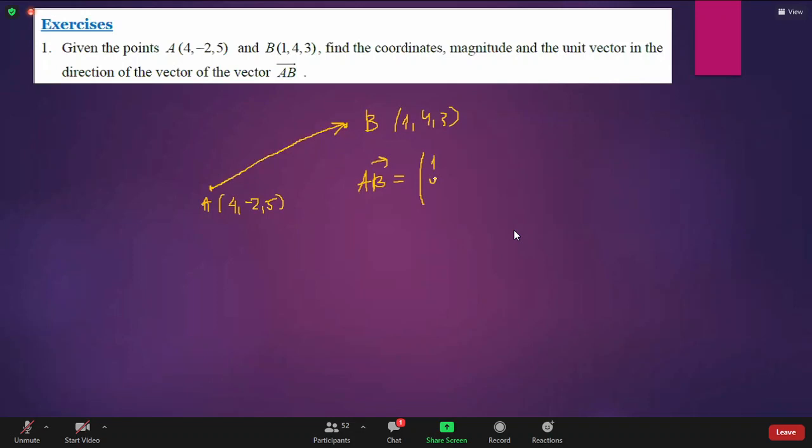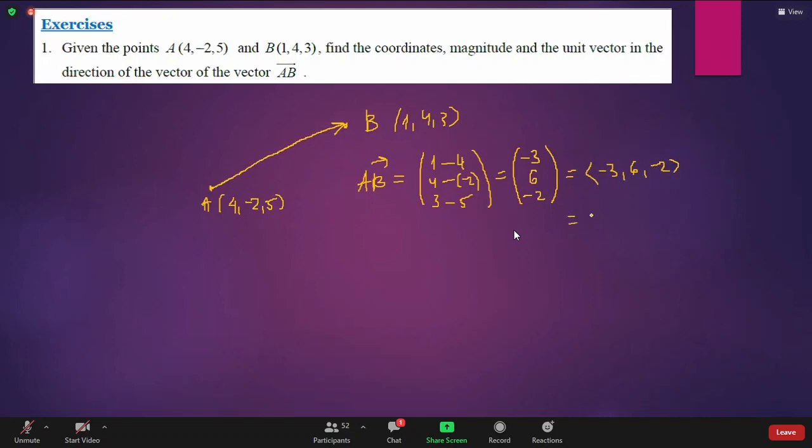We write the 3 coordinates of the endpoint, then minus, minus, minus, and subtract the coordinates of the starting point, 4, minus 2, 5. And we see 1 minus 4 is minus 3, 4 minus negative 2 is 6, and 3 minus 5 is minus 2. This is the vector AB. If you want, you can write it horizontally, minus 3, 6, minus 2.